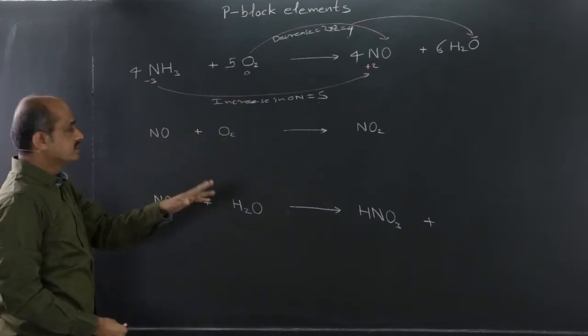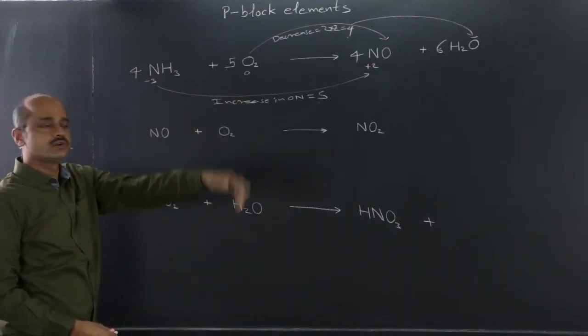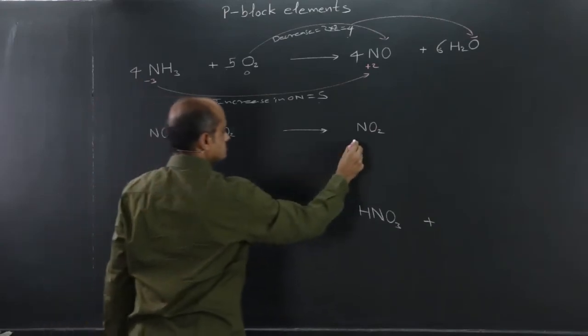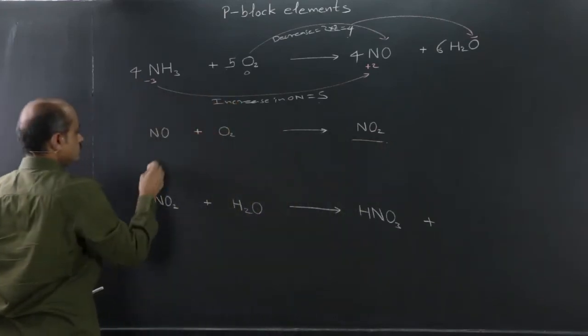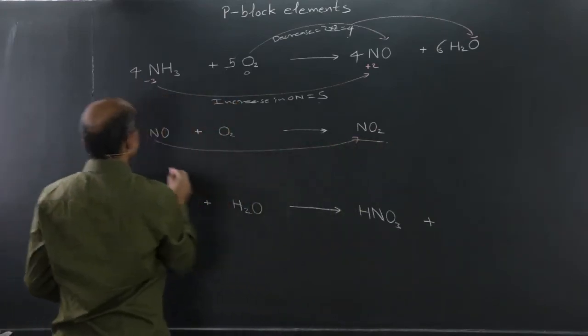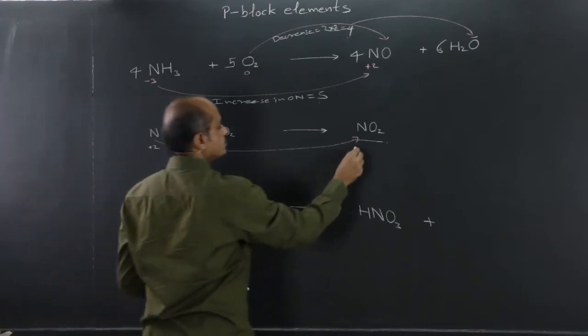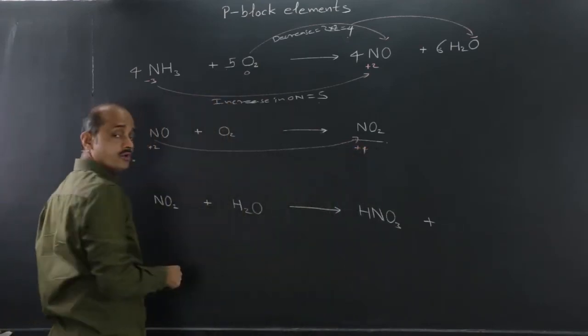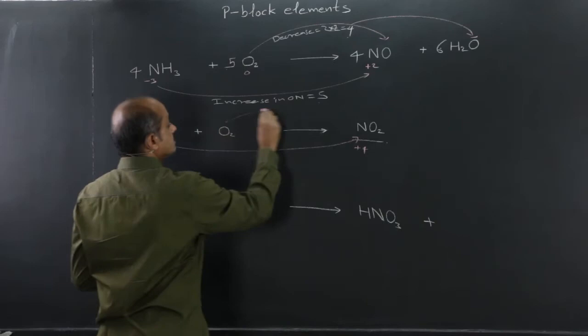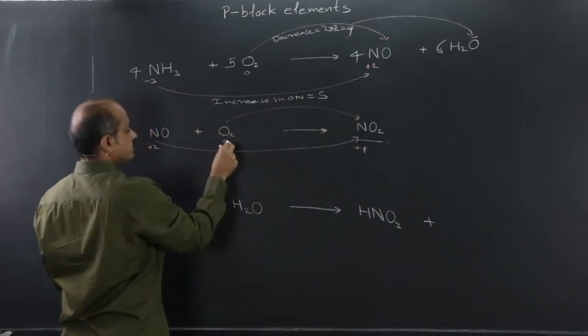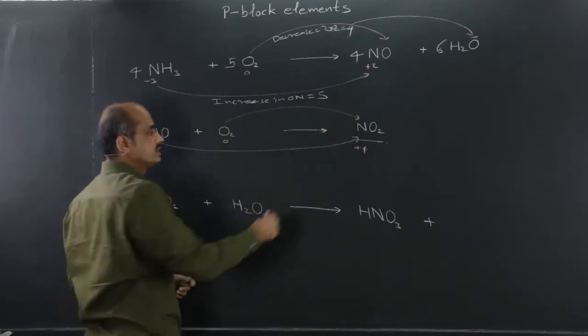This NO, nitric oxide, under the same condition further gets oxidized to give NO2. Now in NO2, +2 nitrogen in NO changes to +4, and for that 0 oxygen, the oxidation number in O2, changes to -2.